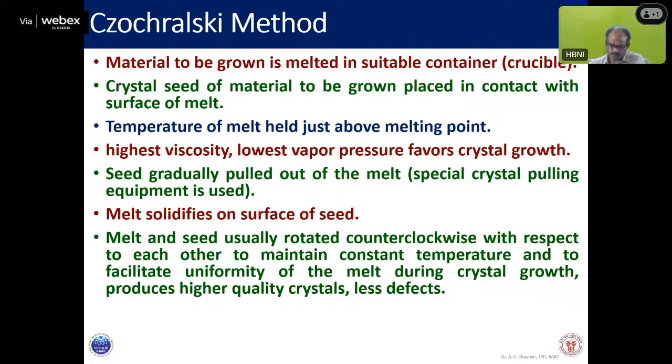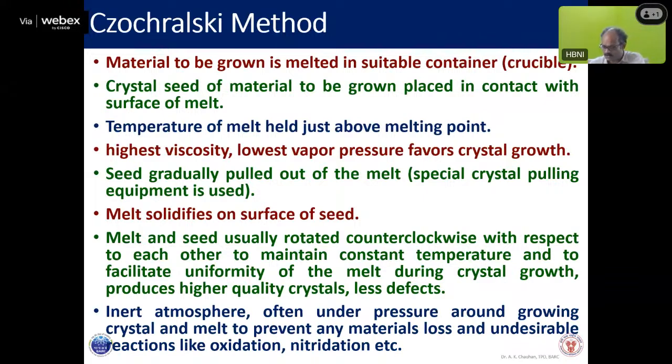This rotation actually keeps the radial gradient constant. It offsets the issues of the presence of a radial gradient inside the crucible. Because the temperature gradient is now taken care of, there will be fewer defects.